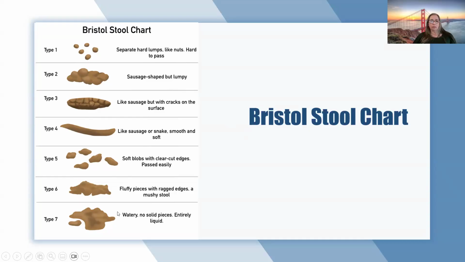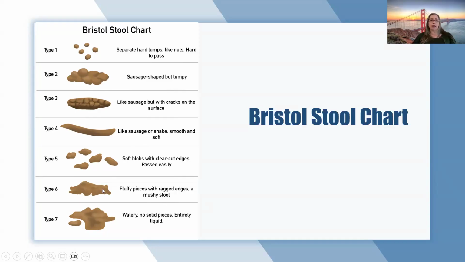Basically, I'm going to start at the bottom. So type 7 is like watery, there's no solid in there. And that is like someone who's having diarrhea. So diarrhea would mean that the stool is passing so quickly through the colon that the colon doesn't have a chance to pull all the water out and make it solid.